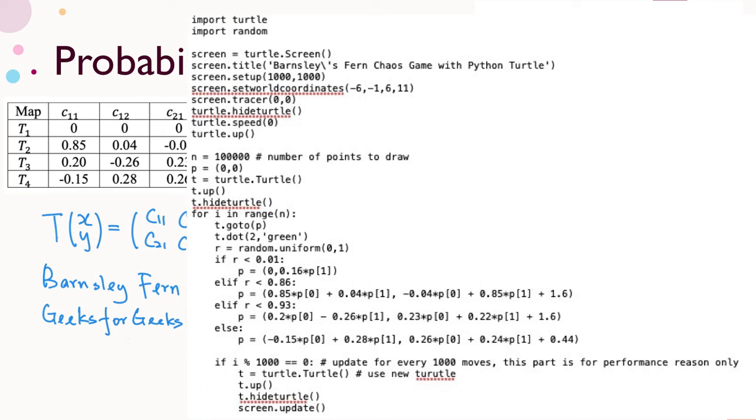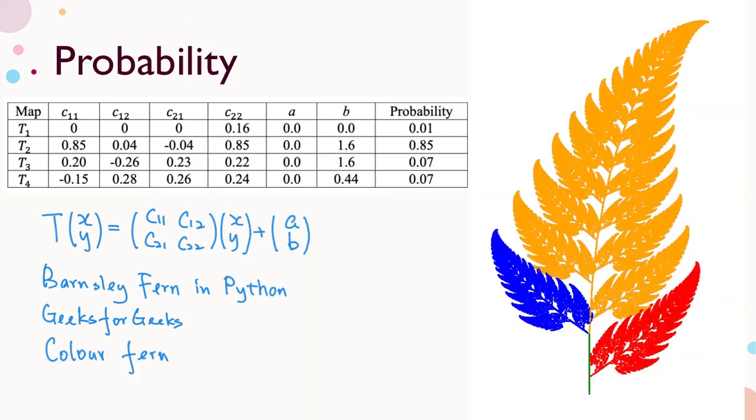If you know Python, you may modify the codes by coloring the images of different transformations. In this picture, the images from T1 are green, images from T2 are orange, images from T3 are blue, and images from T4 are red.